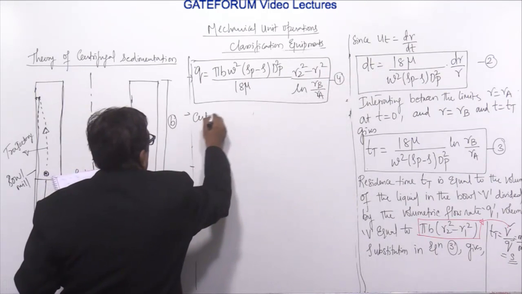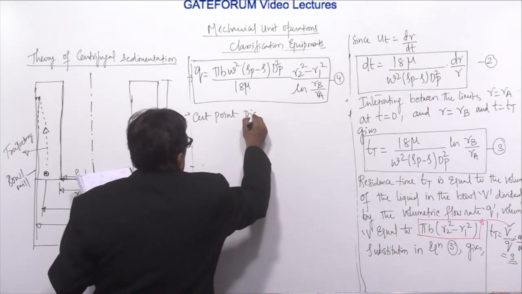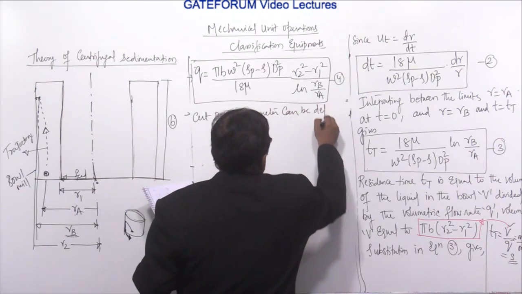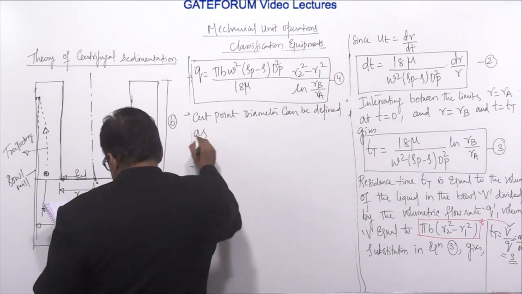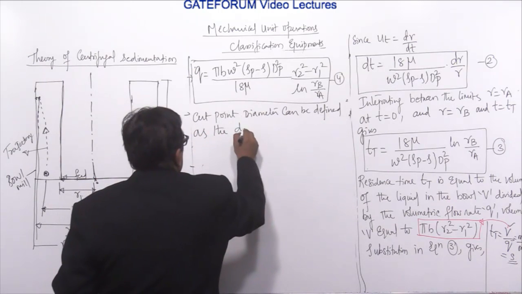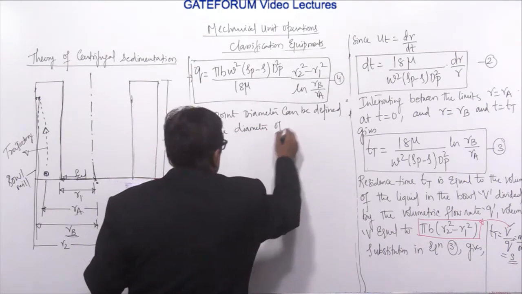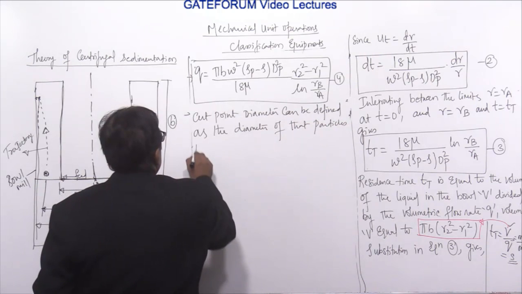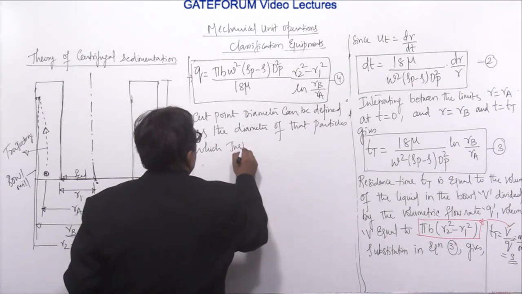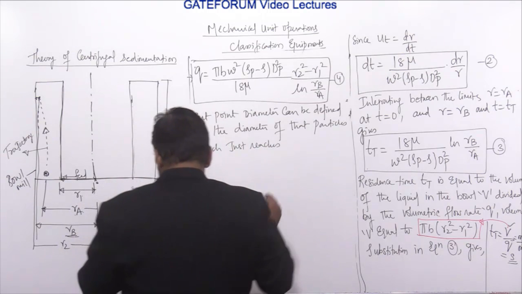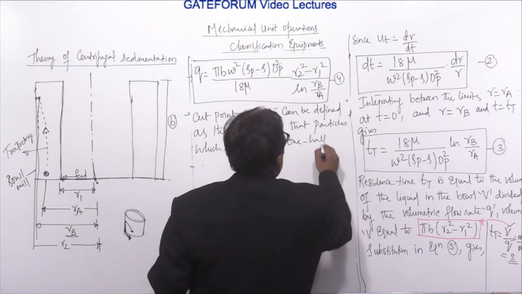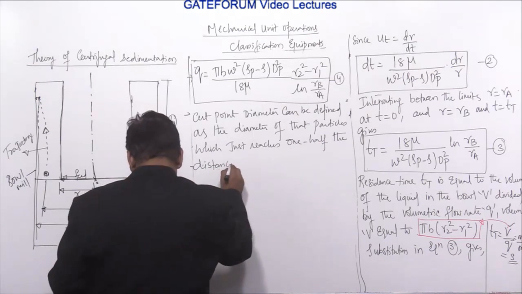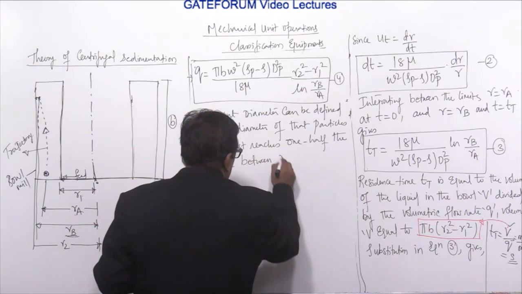Now the cut point diameter can be defined as the diameter of that particle which just reaches one half of the distance between R1 and R2.